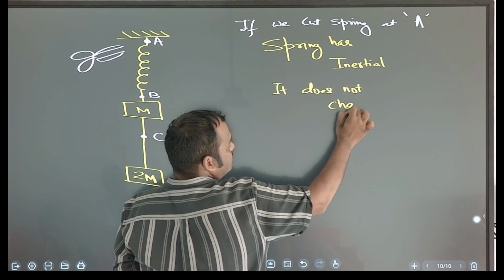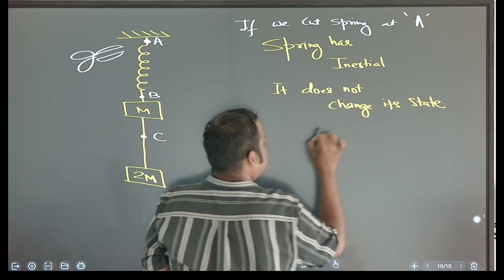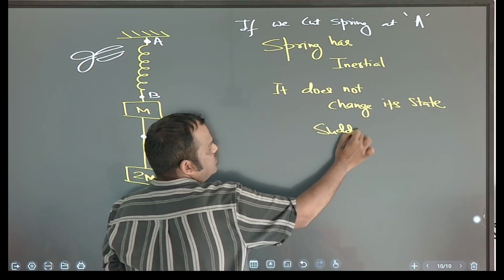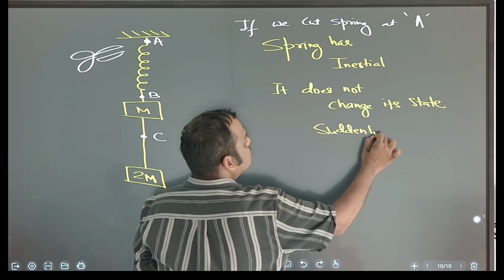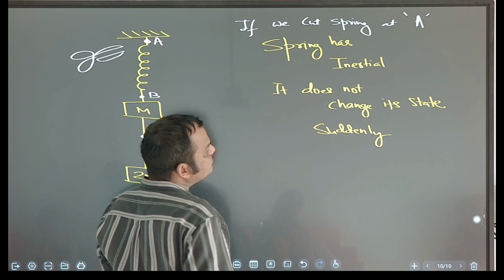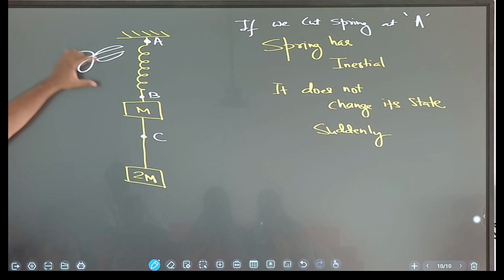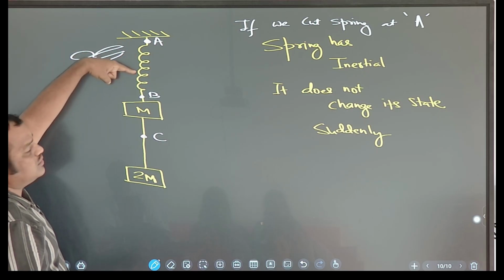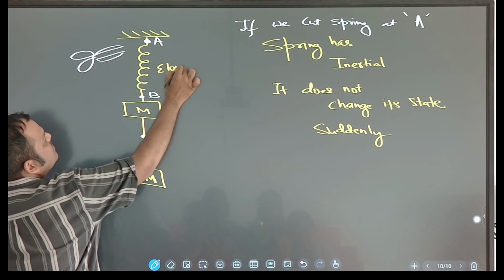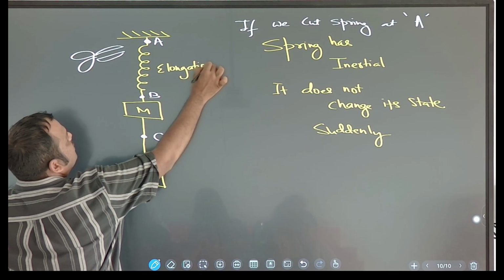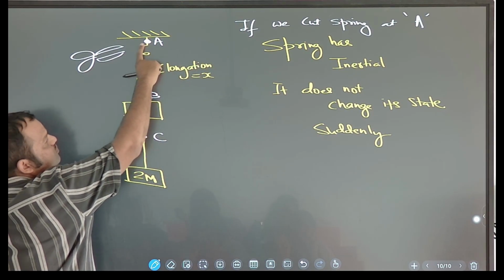It does not change its state suddenly. Spring is elongated or natural? Tell me. Elongated, correct? Suppose elongation is x. So right now elongation is x.